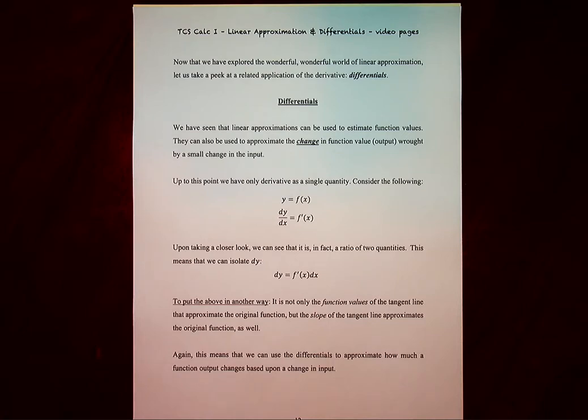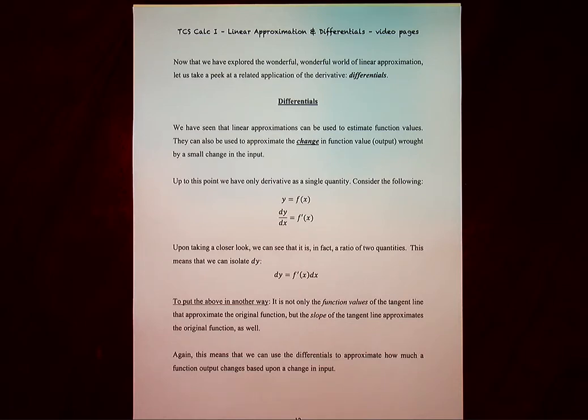But what this means is it's not only the function values of the tangent line that approximate the original function, but getting back to why we had tangent lines to begin with, if the slope of the tangent line approximates the original function as well, that's going to give us an approximation of change over an interval.